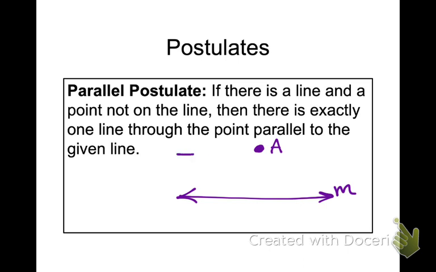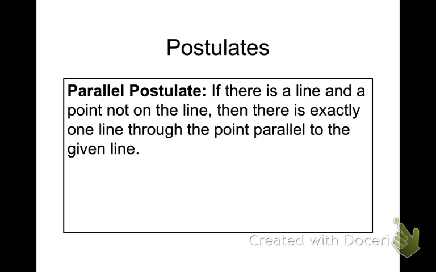So there's only one possible line that can go through that point, let's call it line L, that would be parallel to it. How many possibilities do you have to make a perpendicular line? Just one. So your perpendicular postulate is just rewriting the parallel postulate, except with the word perpendicular in it.